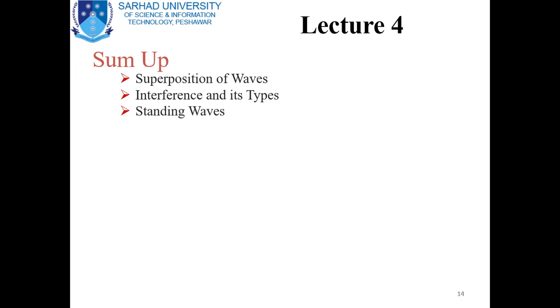Then we studied the second effect of the superposition principle, in which two waves of the same amplitude and frequency going in opposite directions produce standing waves. And in standing waves we discussed the positions of nodes and antinodes.